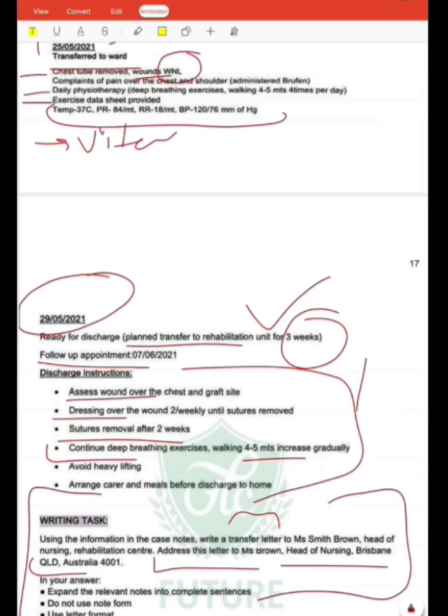Also we are requesting her to encourage him to avoid heavy lifting, and to arrange a carer and meals before discharge to home, because he has already undergone surgery, and he is the only carer for his wife. So that's why we have requested her to arrange a carer and meals before discharge to home.